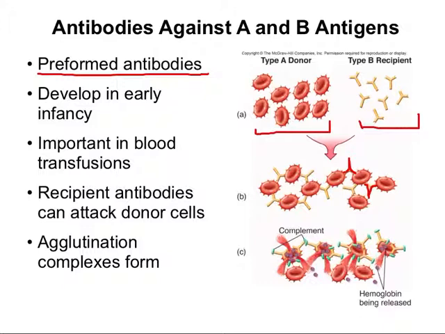Now, along comes the complement system proteins. These complement system proteins, as you'll recall, literally act to punch holes in the cells. And so we'll see these red blood cells not only clump together, but lyse and release their contents.